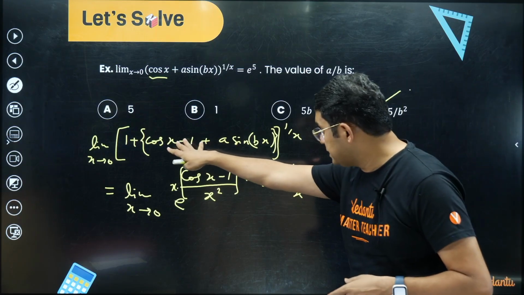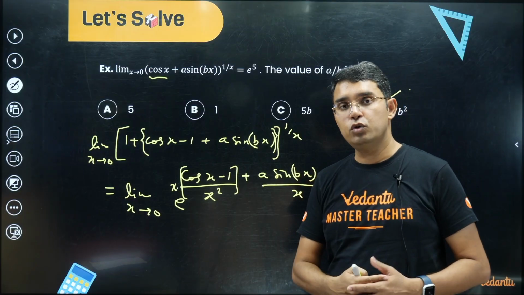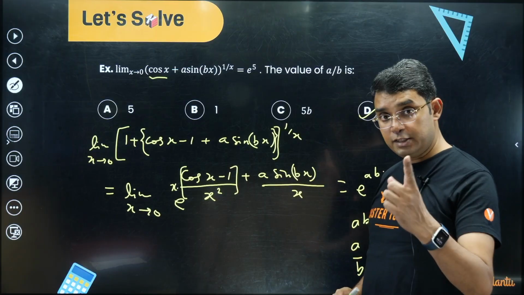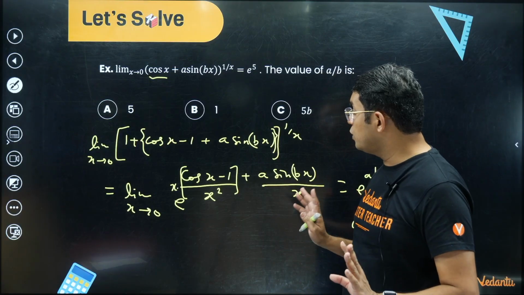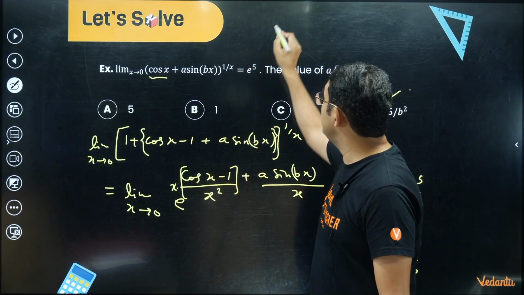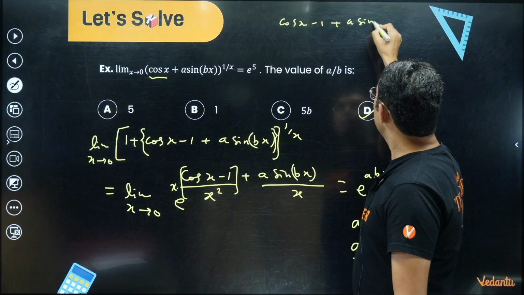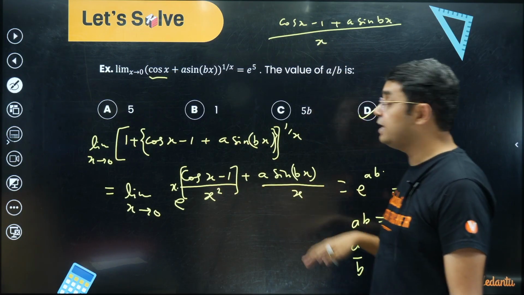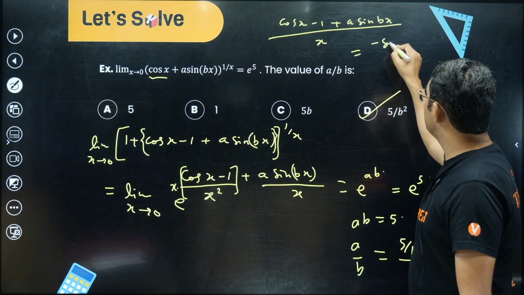At this step you may use the LH rule, you may also use expansion, but I will say this is the best method. Expansion can be done, LH rule can be done, not difficult at all. If you have to find the limit of cos x minus 1 plus a sin bx upon x, and you are not very comfortable with these things, then my second best method will be the LH rule here.